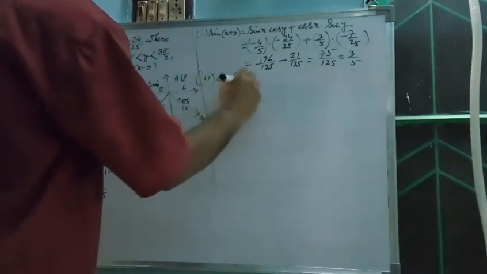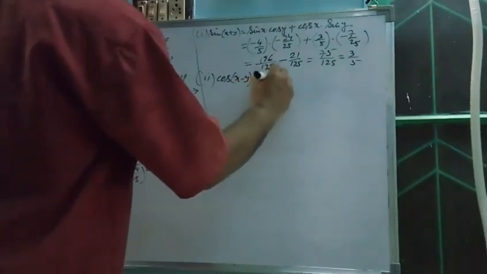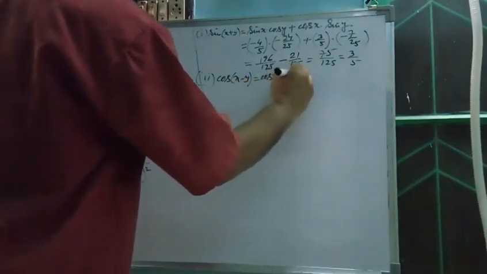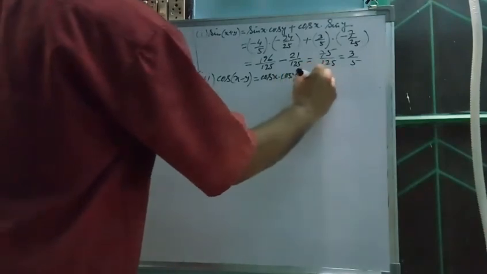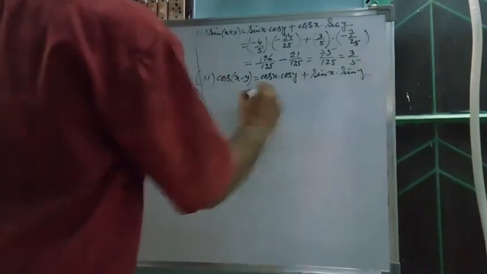Cos of x minus y. Put the formula of cos(x-y): cos x cos y plus sin x sin y. Put the values.